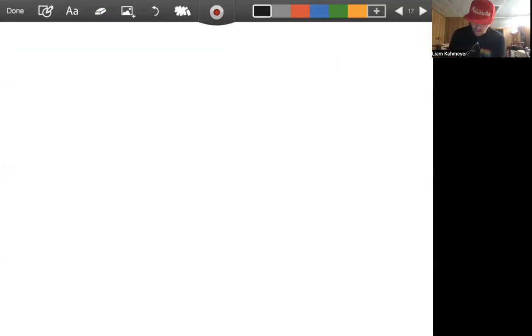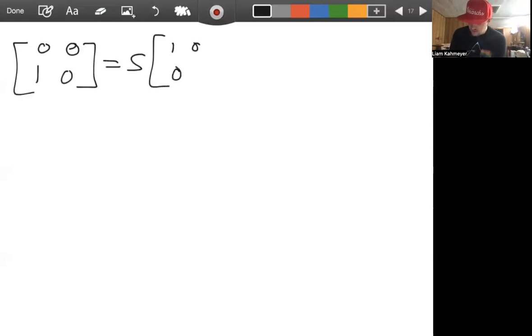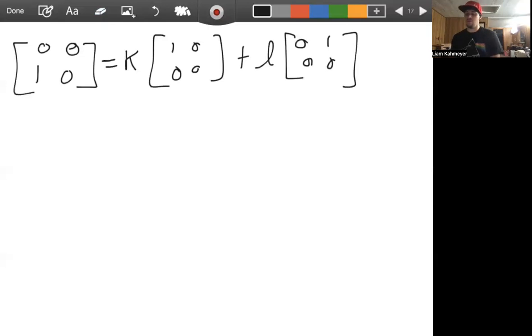Great. So what do we need to do then? That means we need to show that for every constant k and l, the following equality cannot hold. So k times the first element of S, plus l times the second element of S, which is 0, 1, 0, 0, right?